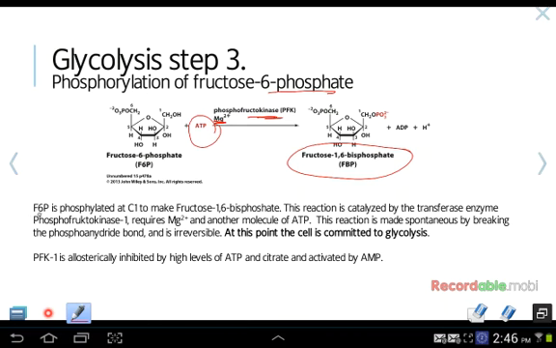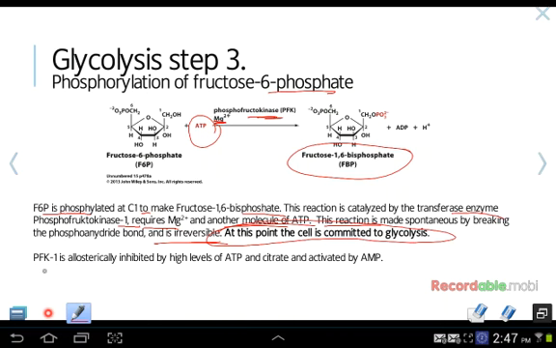So here again, fructose 6-phosphate is phosphorylated at C1 to make fructose 1,6-bisphosphate. This reaction is catalyzed by a transferase enzyme, phosphofructokinase 1, requires magnesium, and another molecule of ATP. This reaction is made spontaneous, again, by breaking the phosphoanhydride bond, and is therefore irreversible. At this point, the cell is committed to glycolysis.